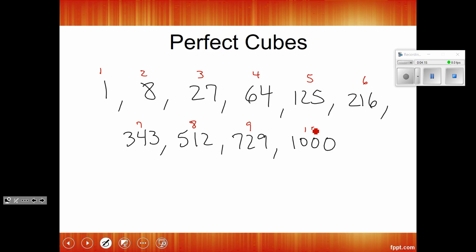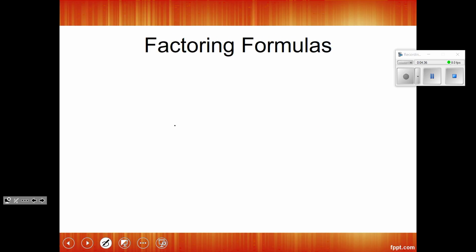Yes. You can do 11 cubed, 12 cubed, but if I've got all the ones up to 1,000, that's pretty much what you're going to see. It doesn't mean there won't be others, but that's up to 1,000. All right, so it does have a formula.